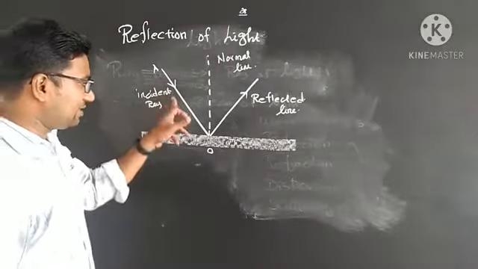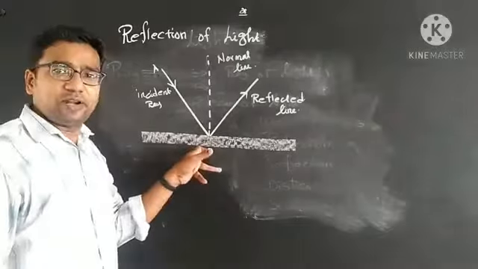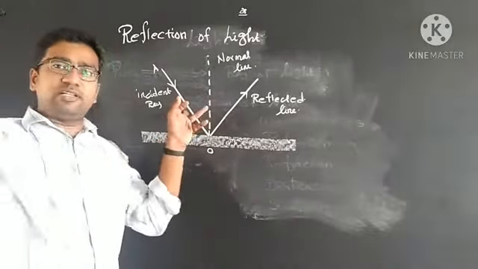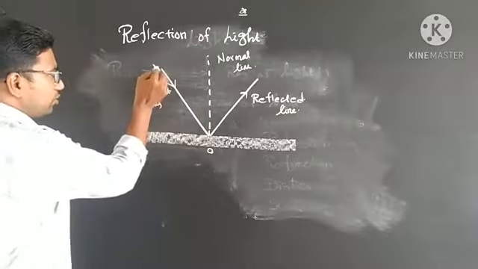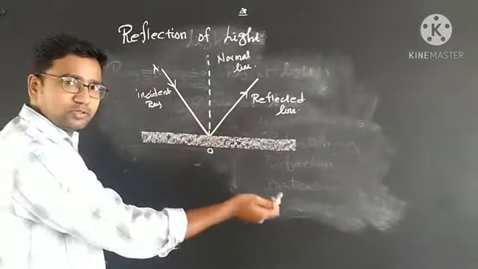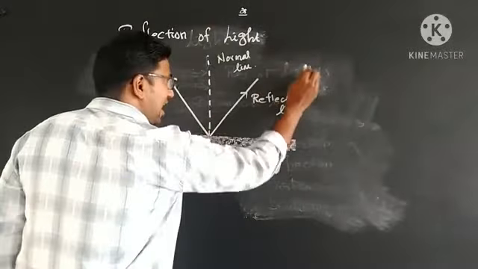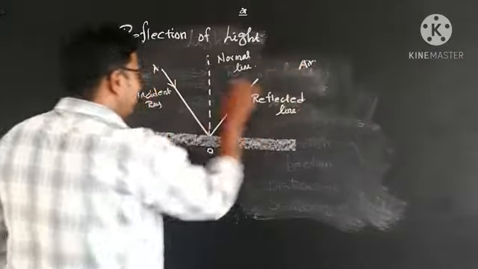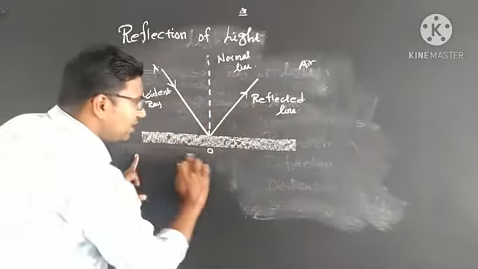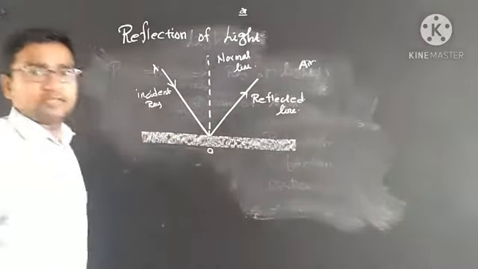When the light ray is reflected by the reflecting surface, at the same time the energy will bounce back to the same medium. So from A to O, the incident ray is bounced back to the same medium. That is, this is the air medium. So the light will bounce to the same medium when the reflecting surface is placed.